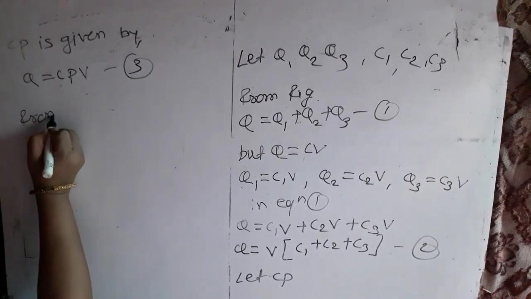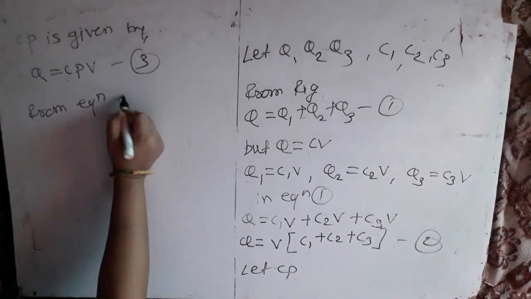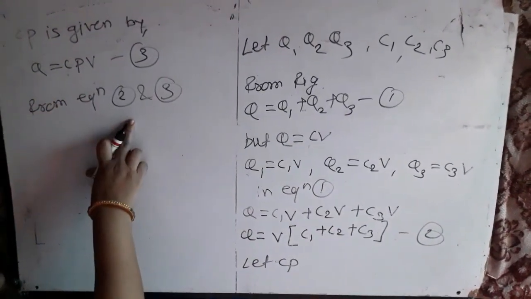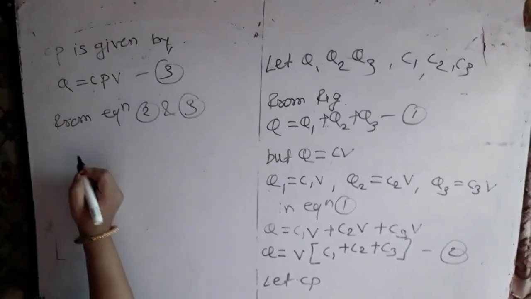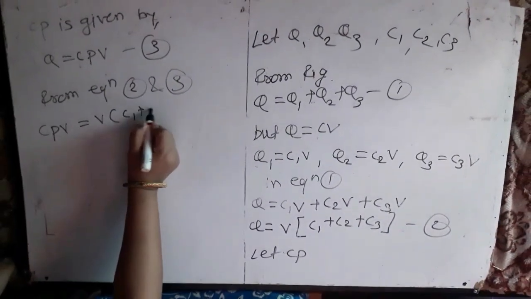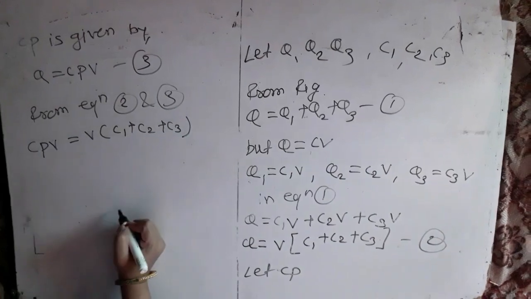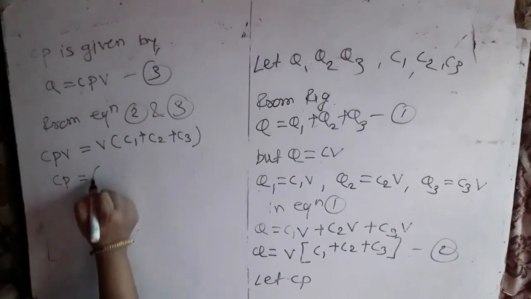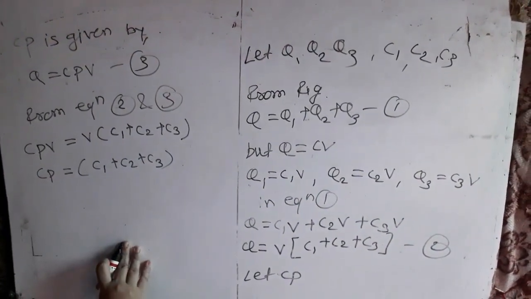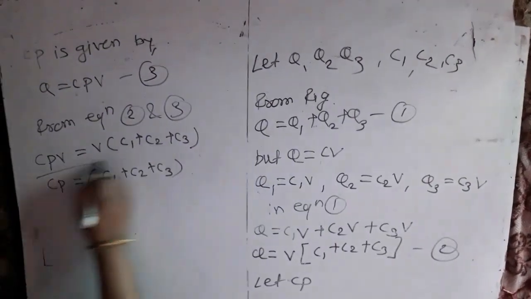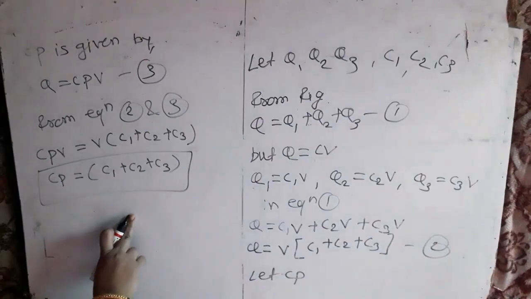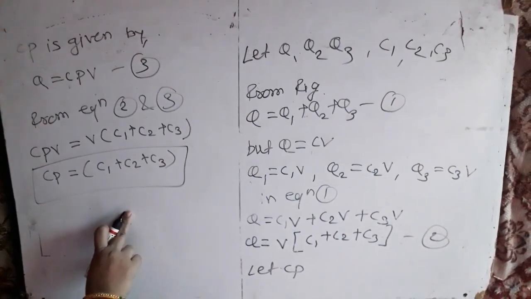From equation second and third, we get CPV is equal to V in bracket C1 plus C2 plus C3. So CP is equal to C1 plus C2 plus C3. This equation is known as the expression for the equivalent capacity in a parallel form.